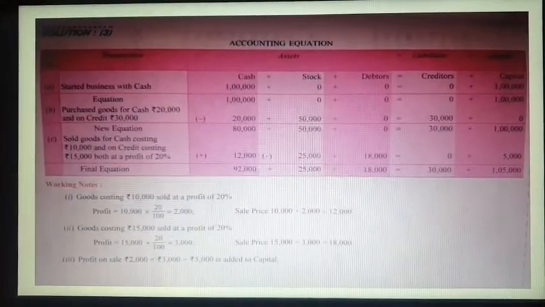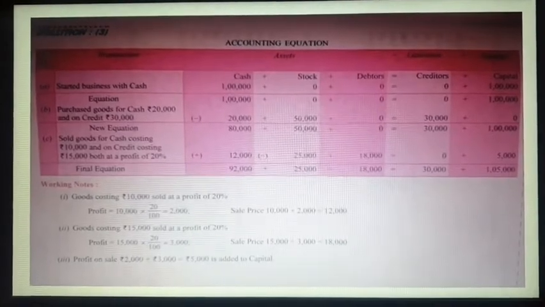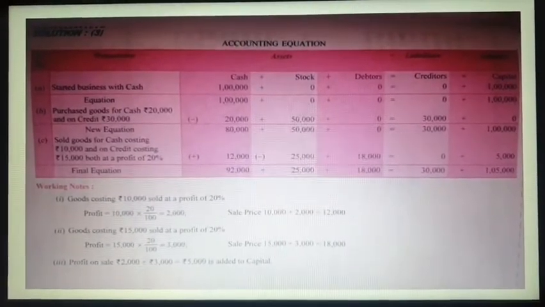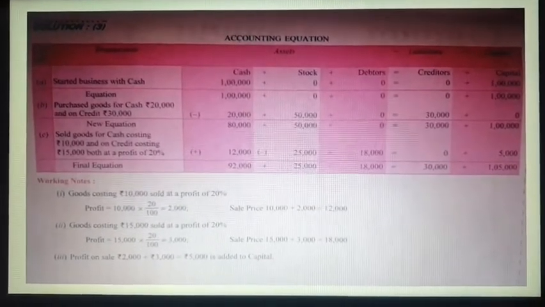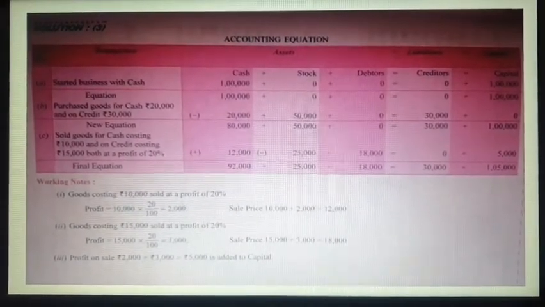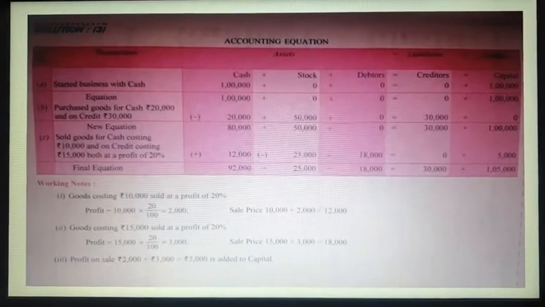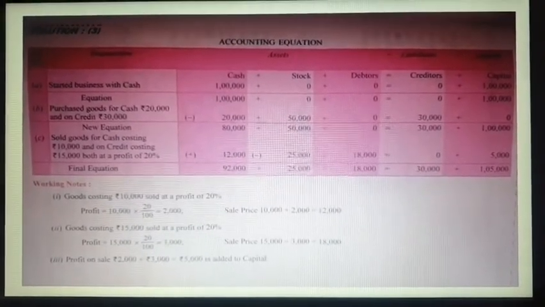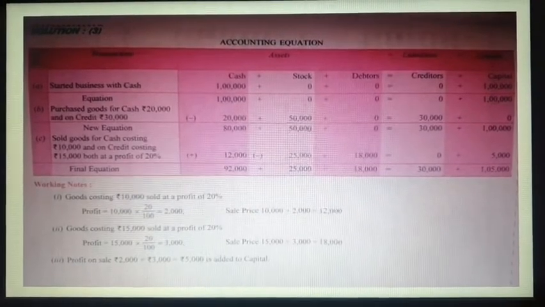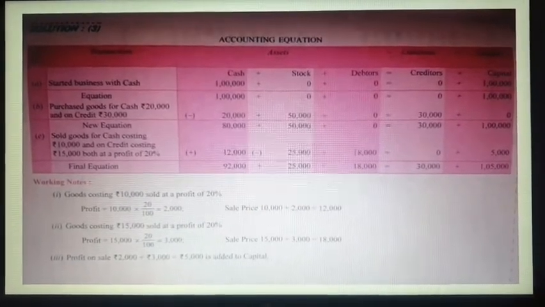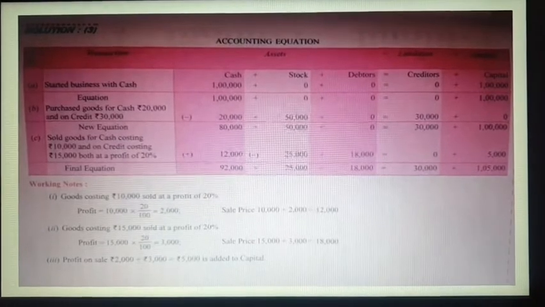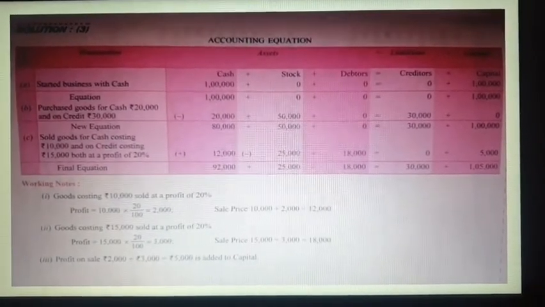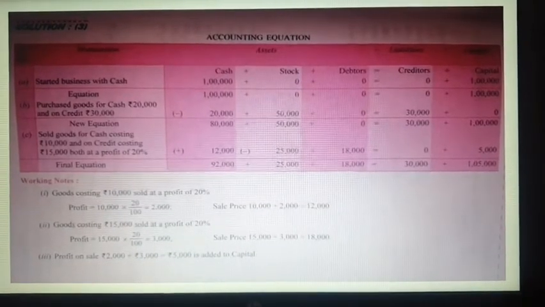Why? Because whenever you purchase goods, and goods are represented by stock, the goods purchase will increase your stock by 50,000. But out of that, 20,000 is paid in cash, so it will reduce your cash by 20,000. And 30,000, on which you have to make the payment, is still pending, or we can say due for payment.